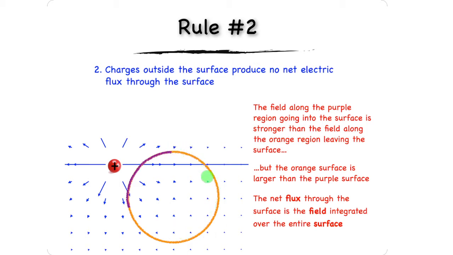But out here, I'm further away. And so the product of the field and the area, which comes into play in the flux, out here is the same as it is closer in. Closer in, we have a large field in a small area. Further out, we have a small field in a large area. So those two magnitudes are tracking.